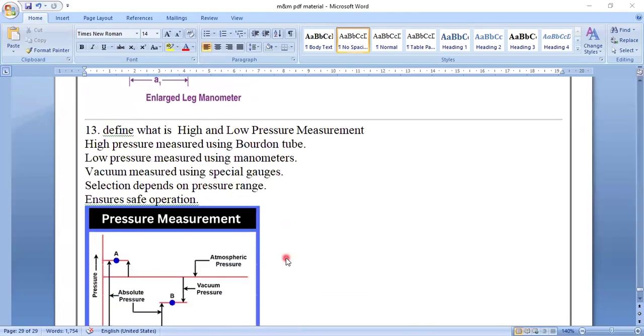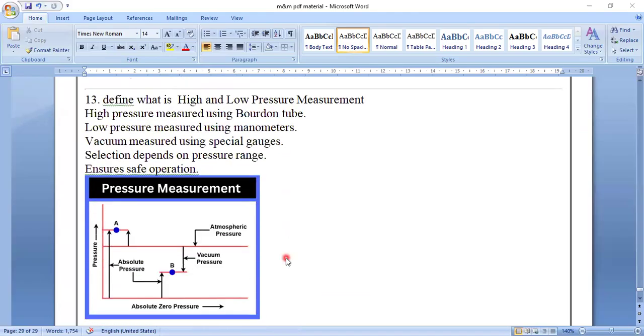Define what are high and low pressure manometers. Generally, this is the atmospheric pressure line. Above this it is called absolute pressure, a high pressure. Below this atmospheric line it is called vacuum pressure. This is absolute zero pressure.